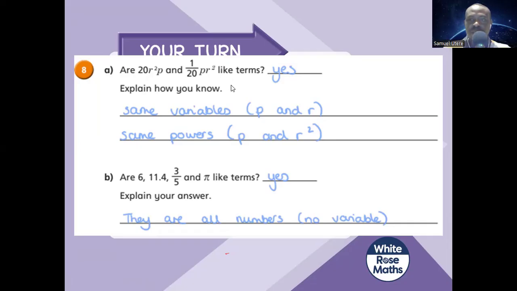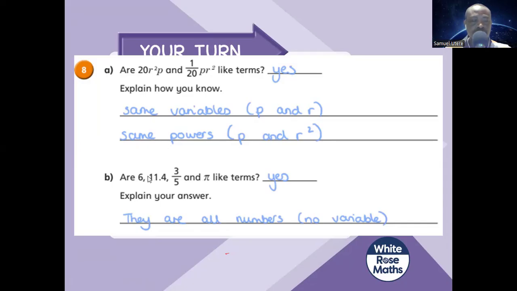They must have the same power and the same variable. Do not get confused having r squared p and p r squared, because remember what I explained earlier, you can swap these around. r squared times p is the same thing as p times r squared. So the same variables, p and r, and the same powers.